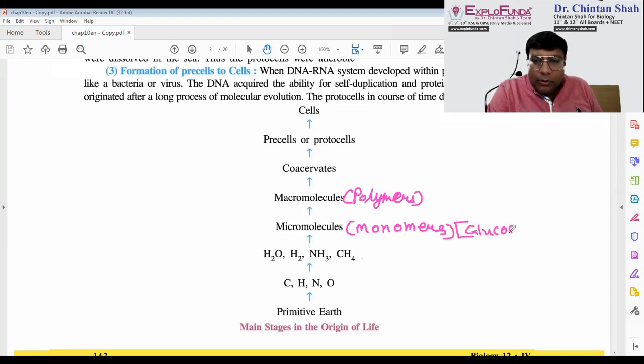That is glucose, amino acids, then nitrogen bases, etc.